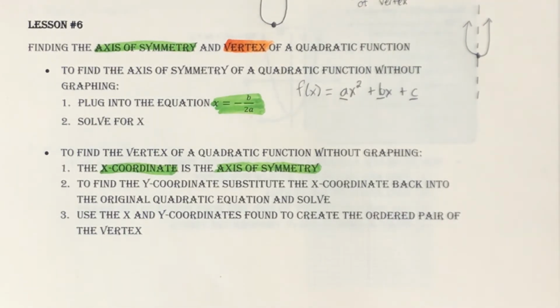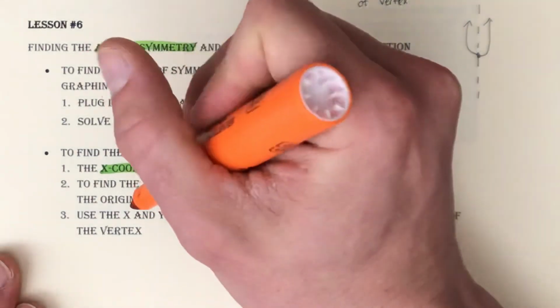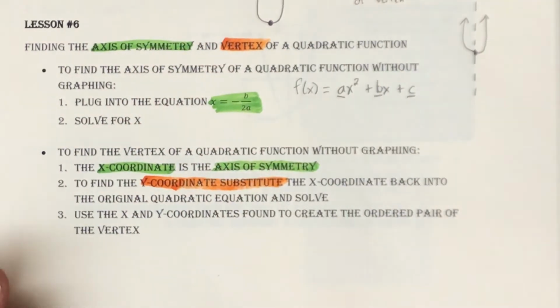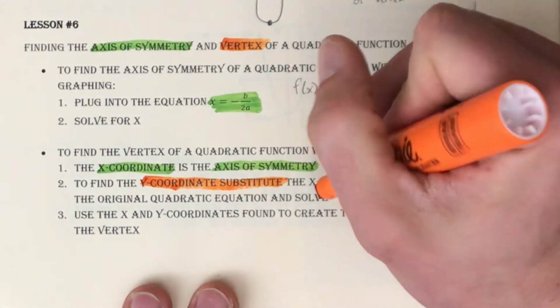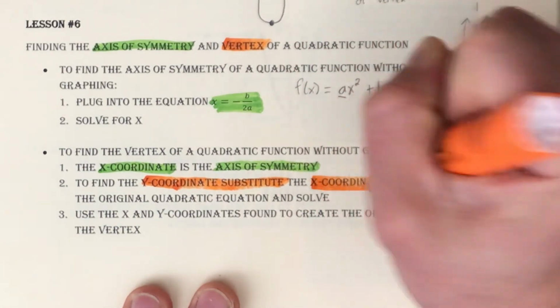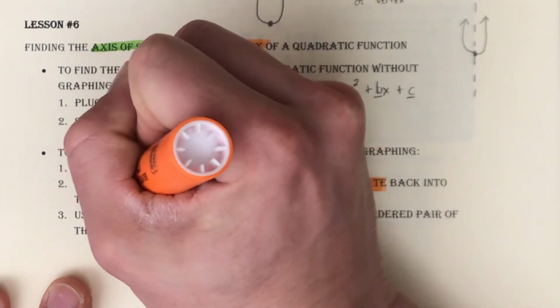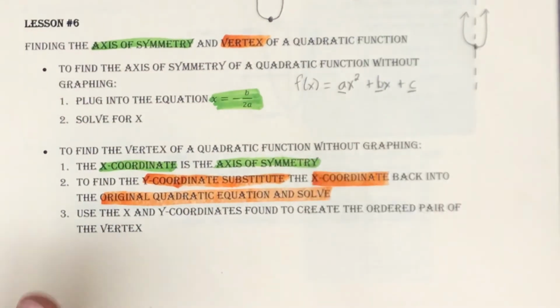The second thing we've got to do is find the y-coordinate, and we do this by substituting. We're going to substitute the x-coordinate that we just figured out from the axis of symmetry back into the original quadratic function for x, and solve it for the remaining value.